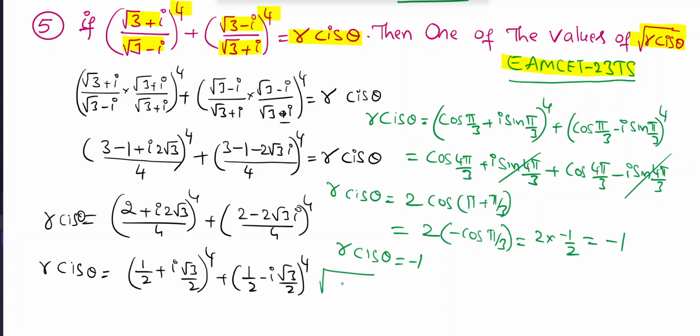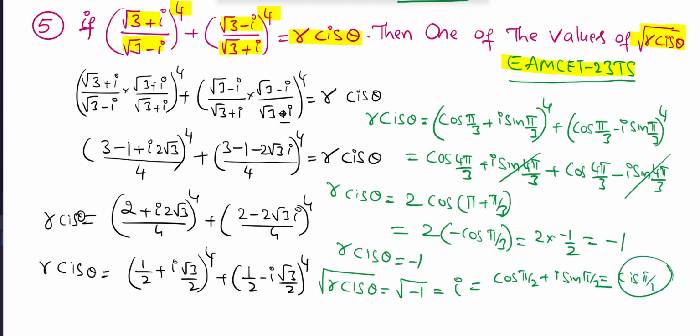Now we find √(r cis θ), that is √(−1). We know that √−1 is i. This i is written as cos 90 + i sin 90, that is cis π/2. This is one value.